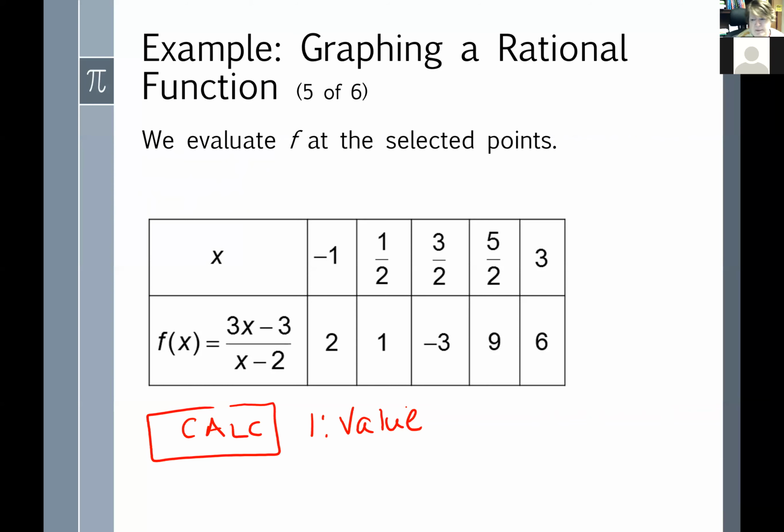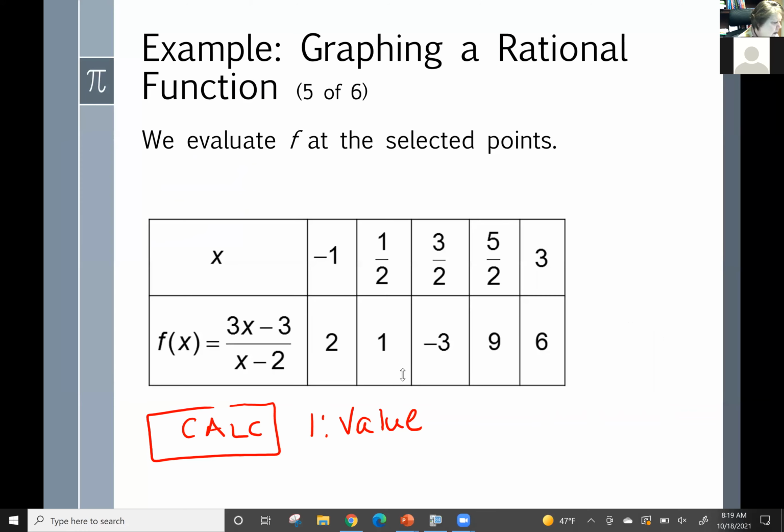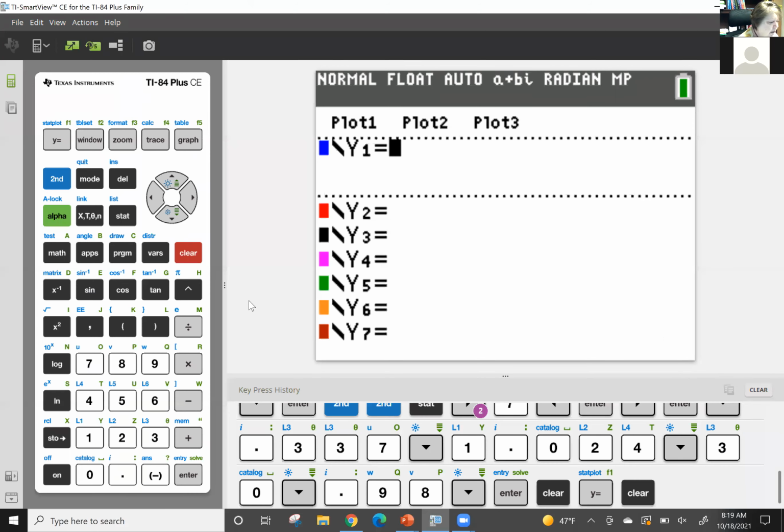Let's just do a quick demonstration of that. I've got a little bit of time here. So I'm going to go over and open my calculator, and I'm going to graph this function. Okay, so I'm going to graph this using my fraction button, which I can find by doing alpha y equals.